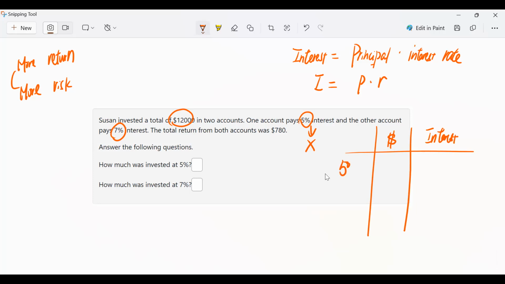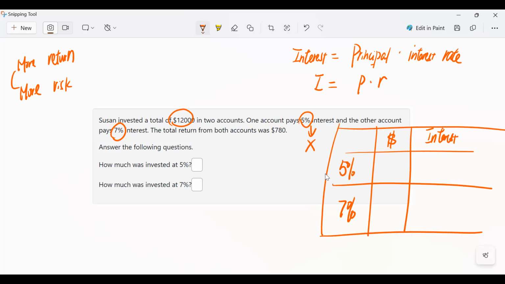We have the 5% account and the 7% account. Now we're assuming she put X amount in the 5% account, and then the remaining money goes to the 7% account. The remaining money is 12,000 minus X. Are you following so far?